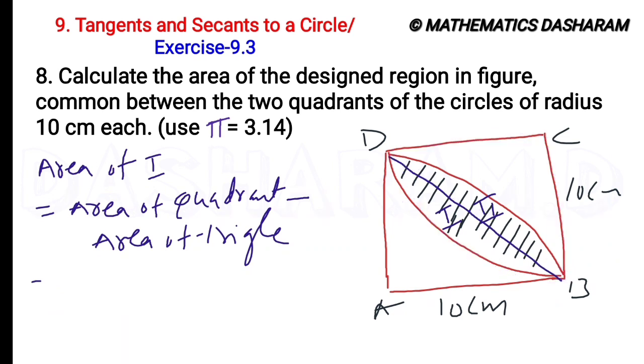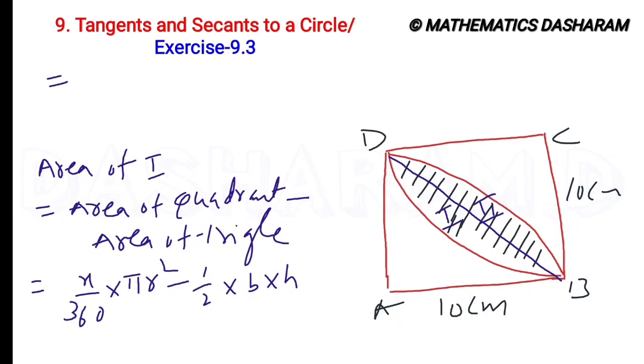So area of a quadrant formula: 1 by 4 into pi r square. Otherwise, quadrant means it is a sector, you can use x by 360 into pi r square. Any formula. So area of a triangle formula: 1 by 2 into base into height. We know very well the angle at the center in the quadrant is 90 degrees.